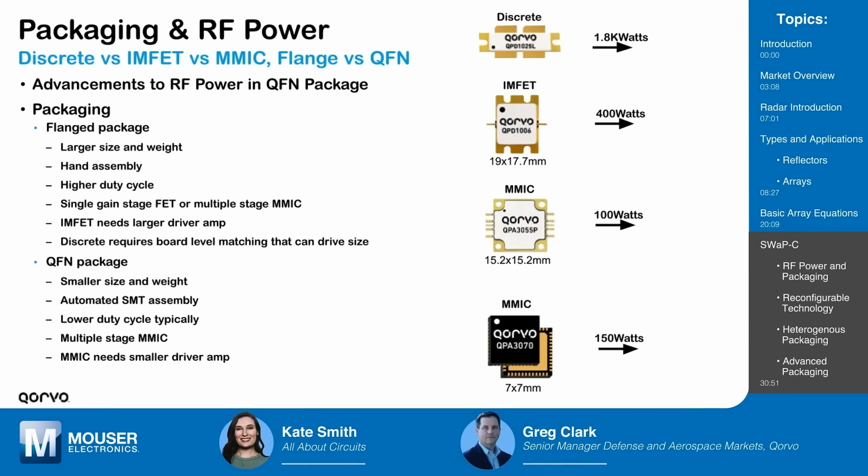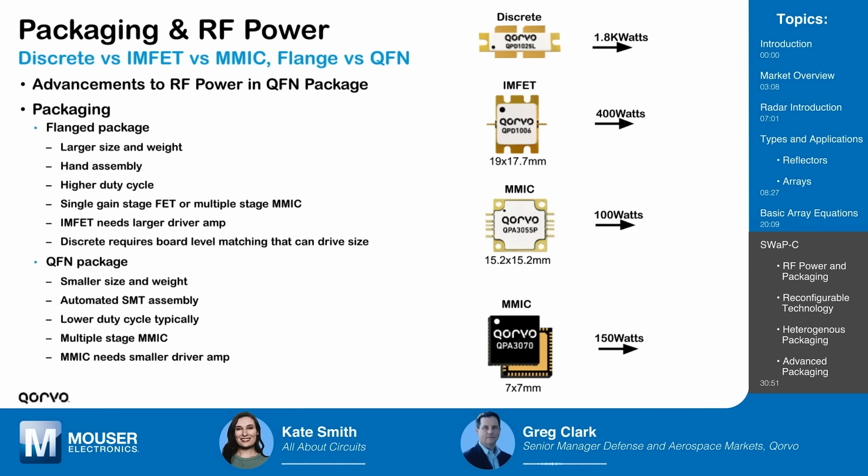And the IM FET is heterogeneous in the sense that you have your GaN transistor, but everything else around it is off-the-shelf components or board material or ceramics that create the matching to create the performance. And then you go into another type of packaging, which is the QFN.